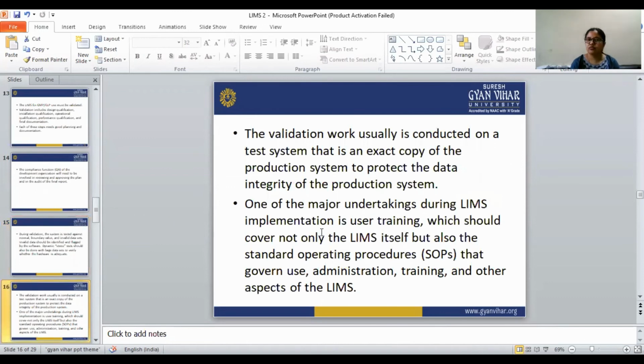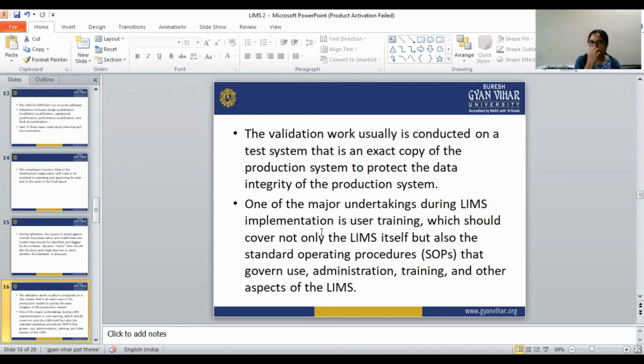The validation work is usually conducted on a test system. All this validation is conducted on a test system that is an exact copy of the production system. Why do they use the test system for validation?